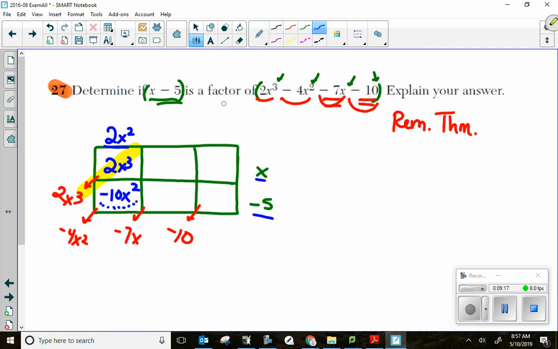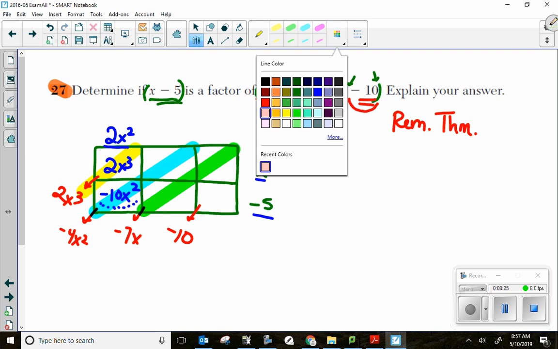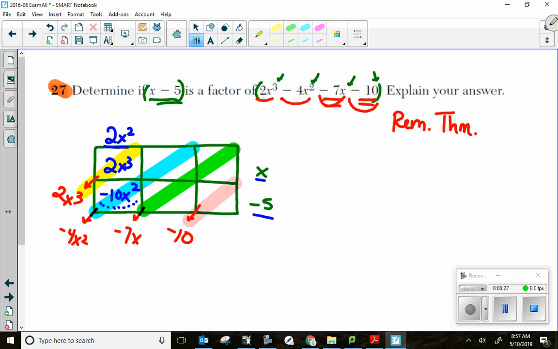Again, all these should add up. These 2 should add up to negative 4. These 2 should add up to negative 7. And then my last one should output a negative 10. If it does not, then we'll have a remainder. If it does, then the remainder is 0. Let me get into the terminology in a minute. So what do I add to negative 10 to get negative 4?